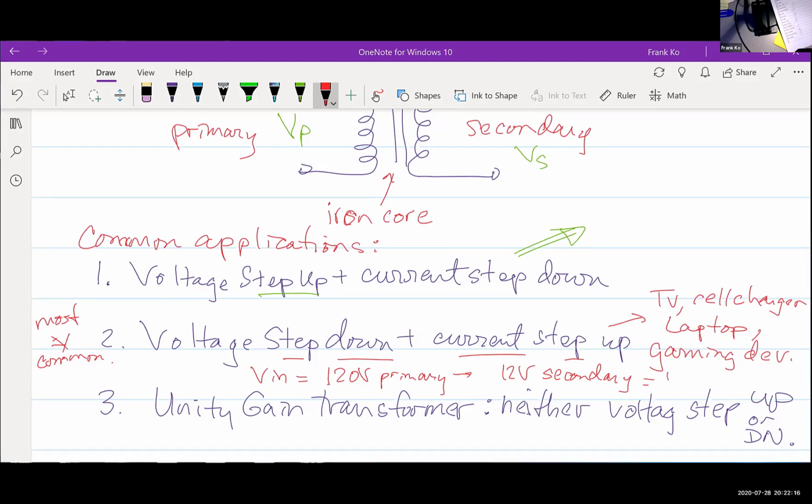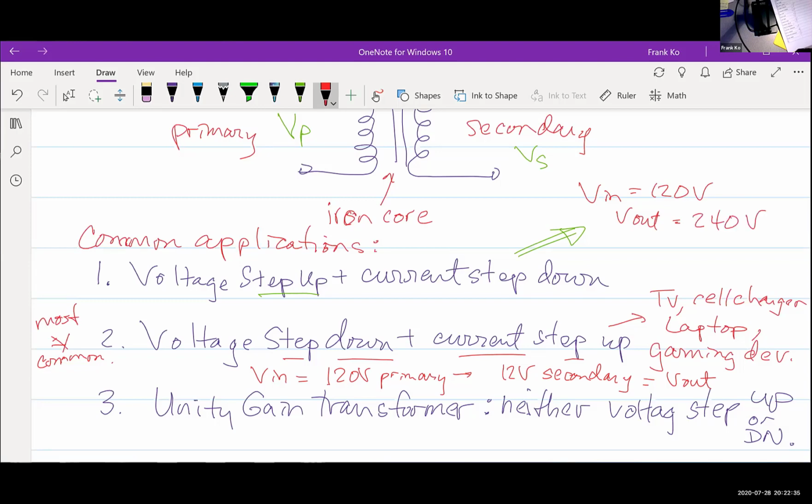This would be my V out. In a voltage step up transformer, I might have this. My V in might be 120 volts, but my V out might be 240 volts.